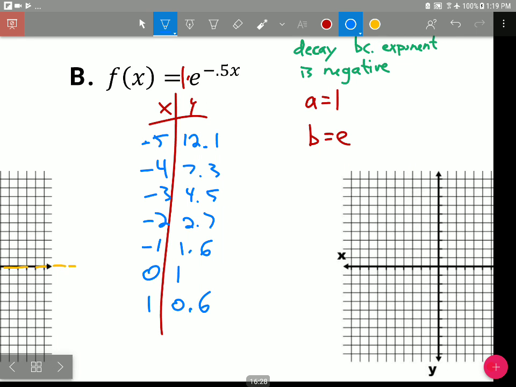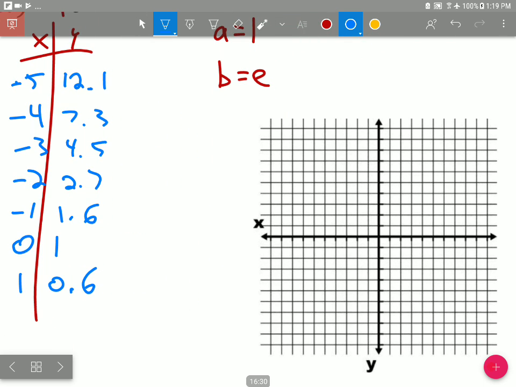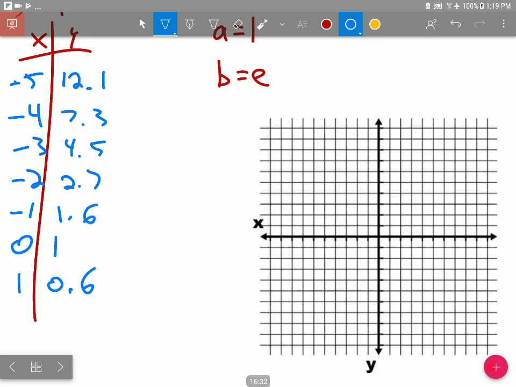Okay? So we plot these points. 3 is 4.5. 2 is 2.7, about there. Close enough. Negative 1, 1.6.